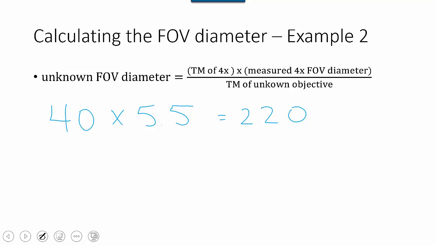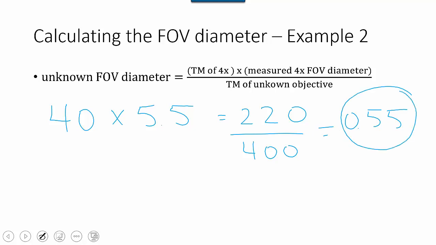So this time we divide by 400. 220 divided by 400 is 0.55 millimeters. Notice that the total magnification of the 40x objective, 400, is 10 times larger than the total magnification of the scanning objective, 40, and the diameter of its field of view is 10 times smaller.